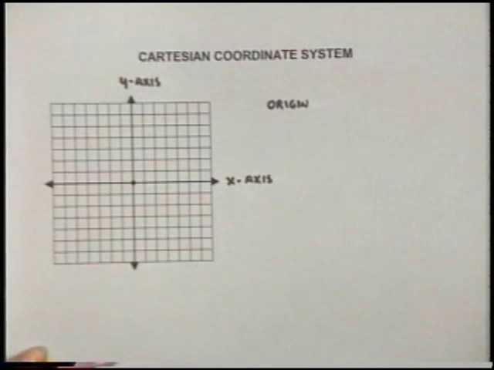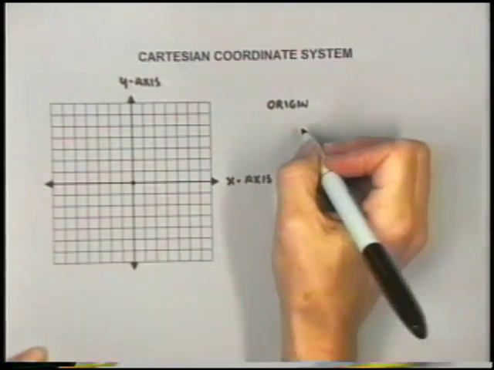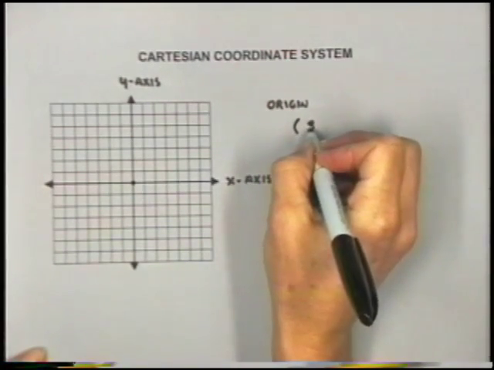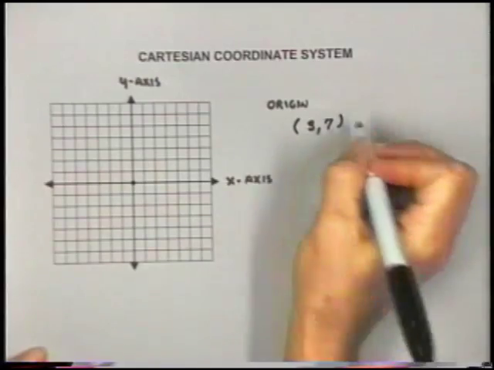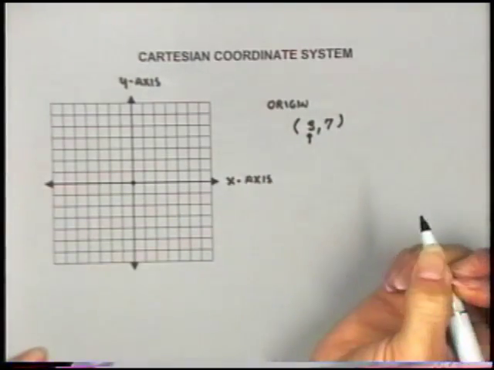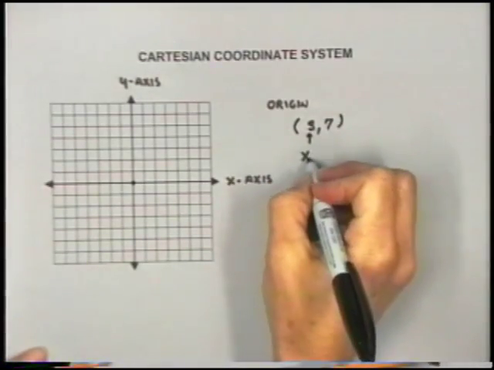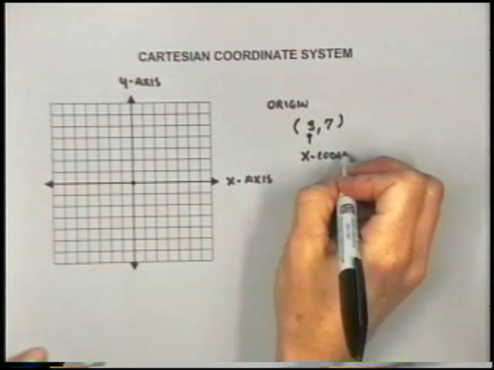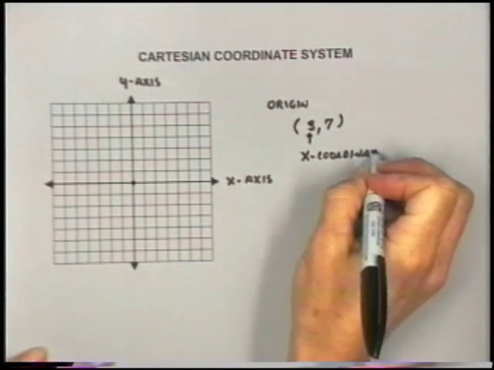The first coordinate of your ordered pair is also sometimes called the x-coordinate. So if I use the ordered pair (3, 7), this 3, which is the first coordinate, is also sometimes called the x-coordinate.